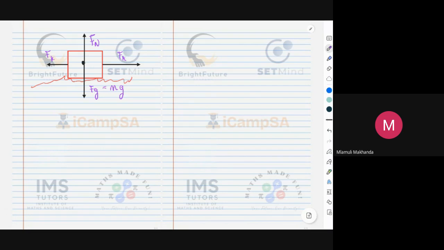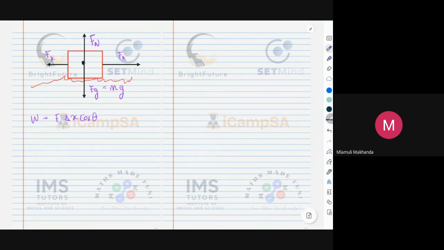Okay. So let's move. So remember, our work is equal to force, our displacement, cos theta, right? So work that is going to be done here, because this is our surface.